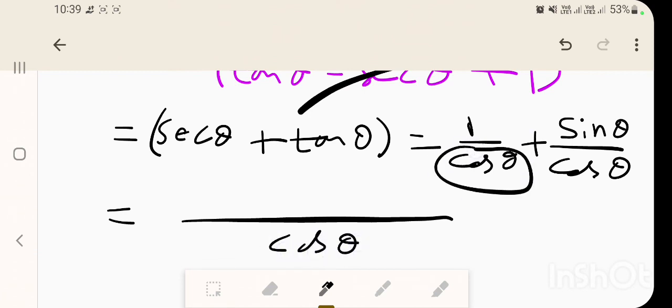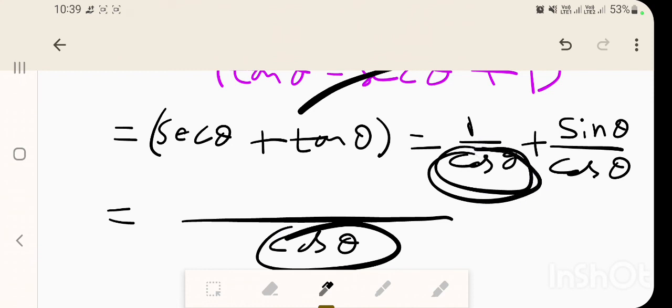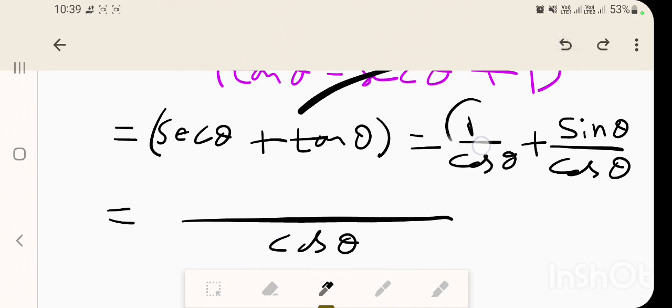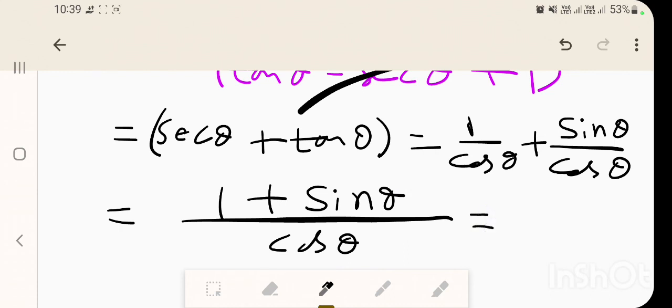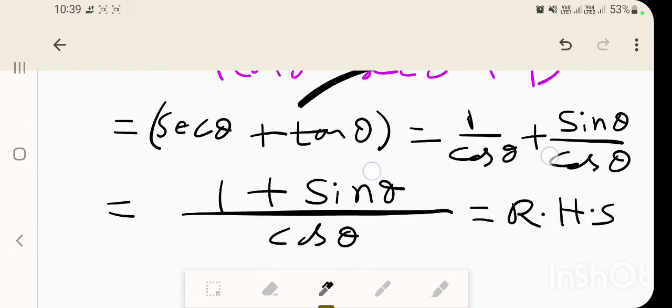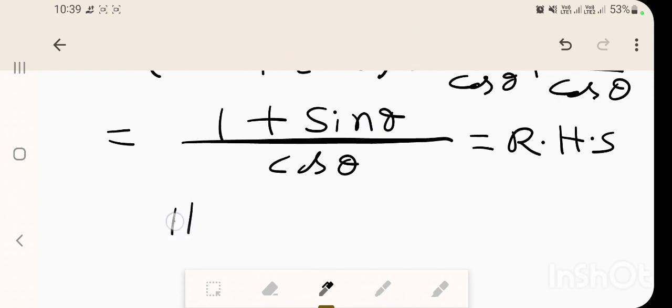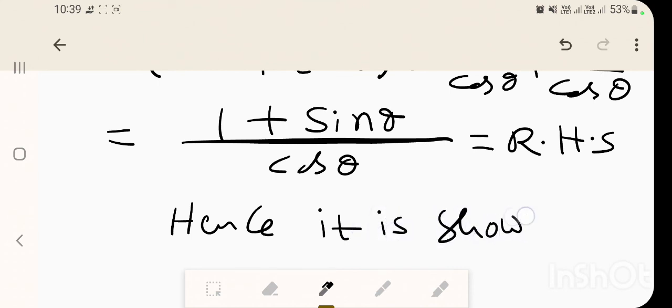This cos by this cos is 1, 1 into this 1 gives 1, plus this cos divided by this cos is 1, and 1 into sin theta is sin theta. Therefore we got the RHS which they have asked. Hence it is verified, hence it is shown, the required answer.